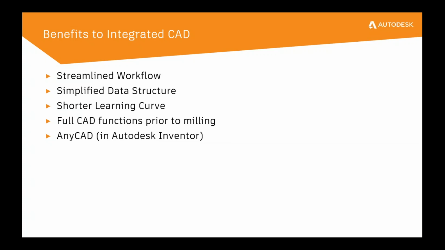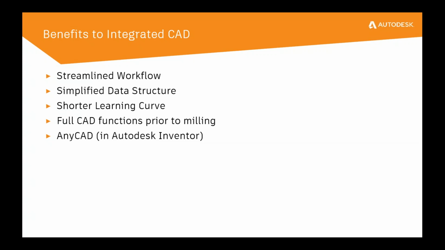And of course, with Autodesk Inventor, we have a nice little thing called AnyCAD. AnyCAD allows Inventor to open up anyone else's native files. We can just do a file open or file link to SolidWorks, Pro Engineer, CATIA, SDRC, just about every CAD package out there in the world.